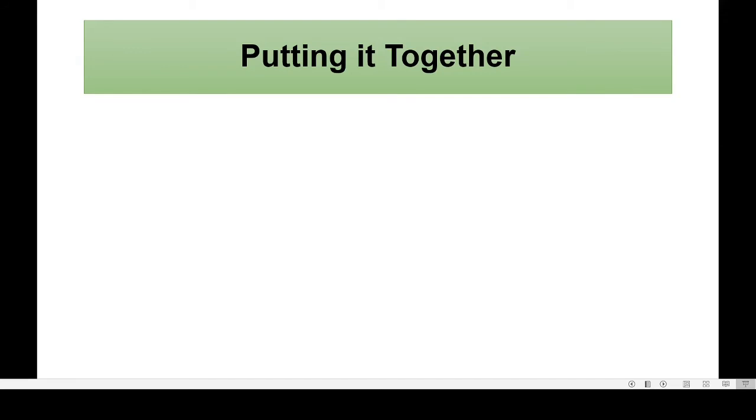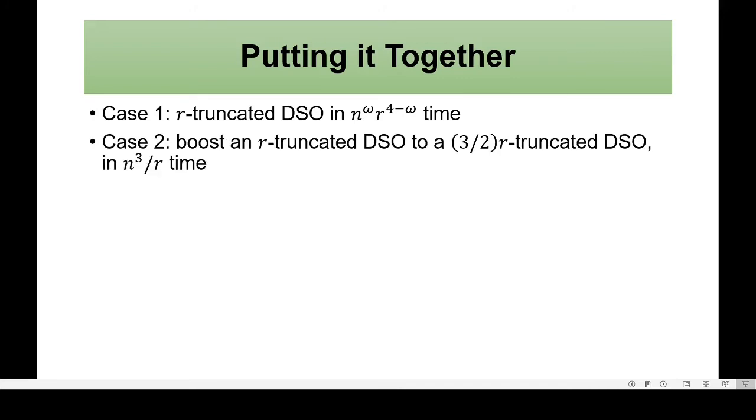Let's put the pieces together and see what the final algorithm does. First, we can construct an r-truncated DSO in n to omega r to 4 minus omega times. Second, given an r-truncated DSO, we can boost it to a 3/2 r-truncated DSO in n cube over r times. So our algorithm starts by invoking case 1 for an appropriately chosen r, which takes n to omega r to 4 minus omega times, and we build an r-truncated DSO.